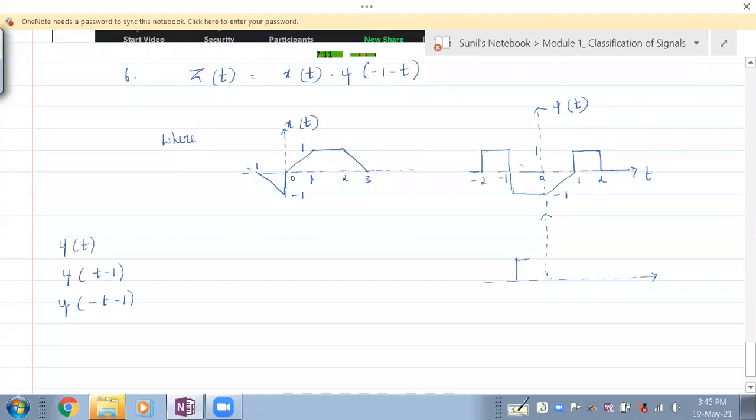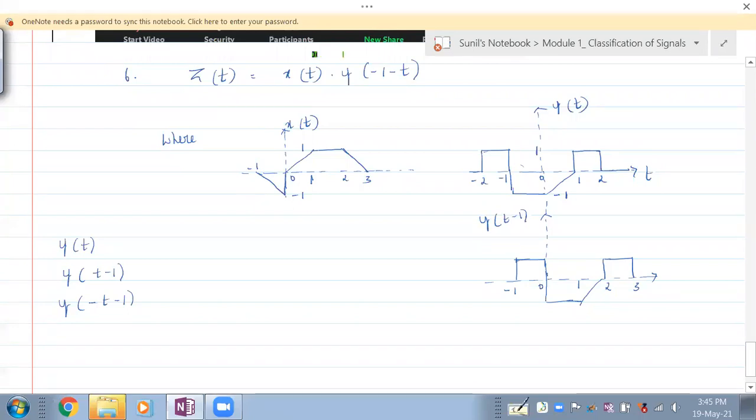Just have the above signal as reference and go on drawing it. So now it will start from -1, 0, 1, 2, 3. So this is y of t minus 1.